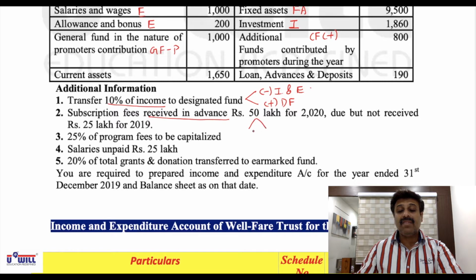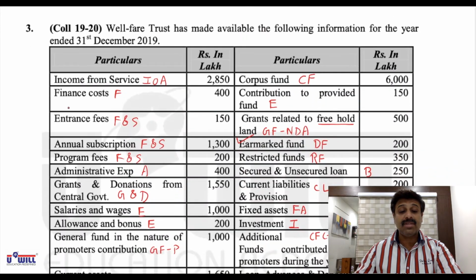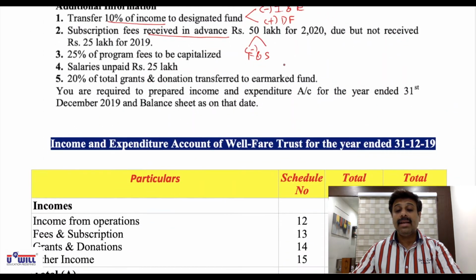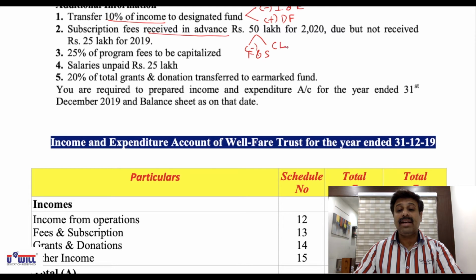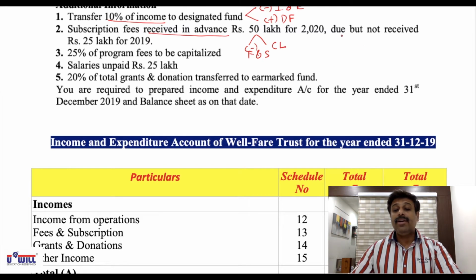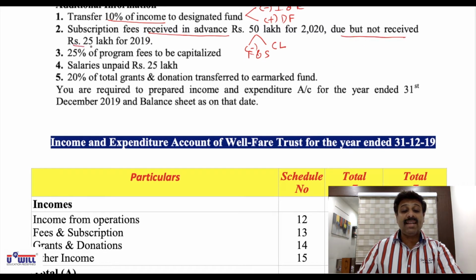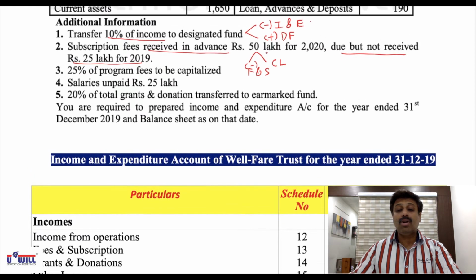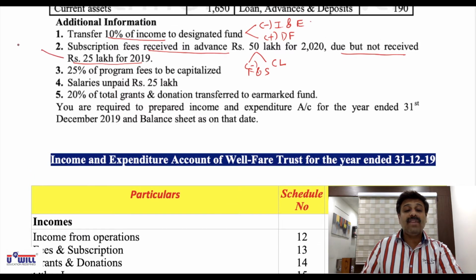So one effect we will minus from fees and subscriptions, put tick on annual subscriptions, there we have to minus, and second effect will show it in current liabilities. And due but not received 25 lakhs. So due but not received means one effect we will add in fees and subscriptions, and second effect we will show it in current assets.